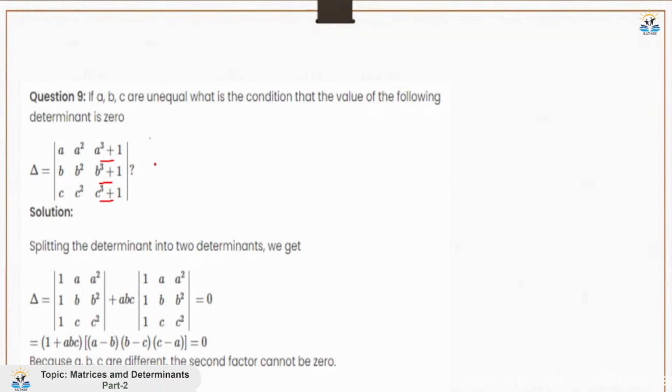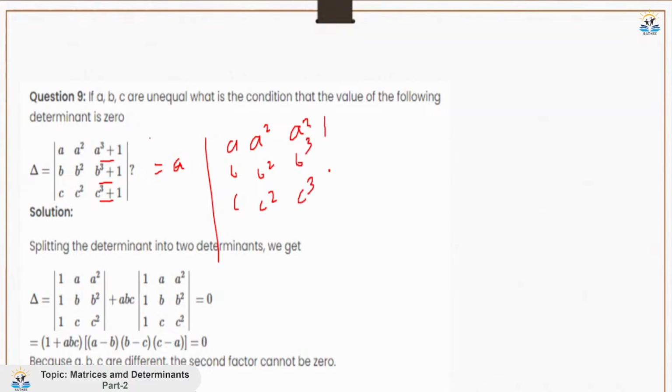So basically, what they did is, firstly separate both these determinants. You will get A, B, C, A square, B square, C square, then A cube, B cube, and C cube.